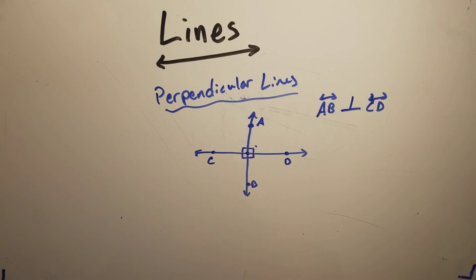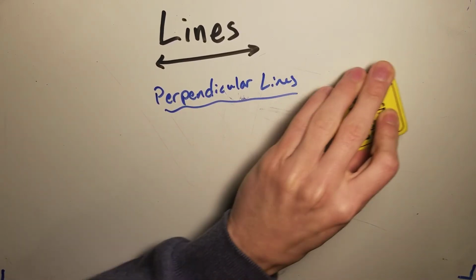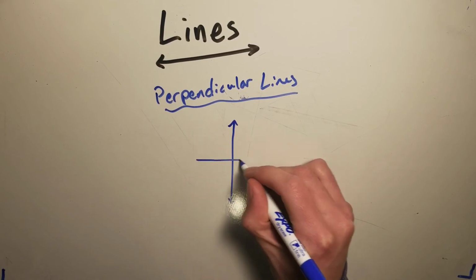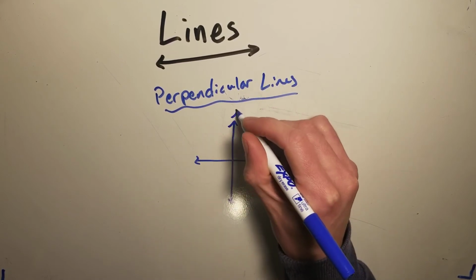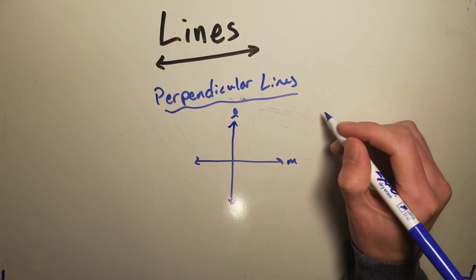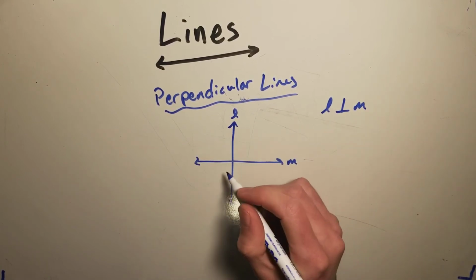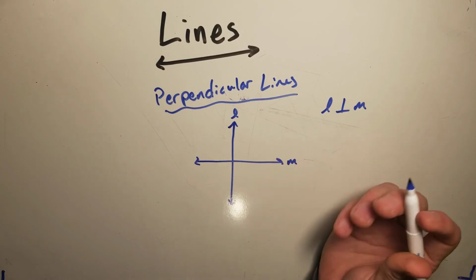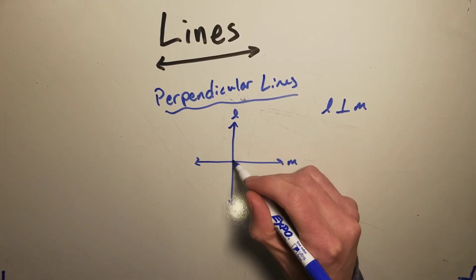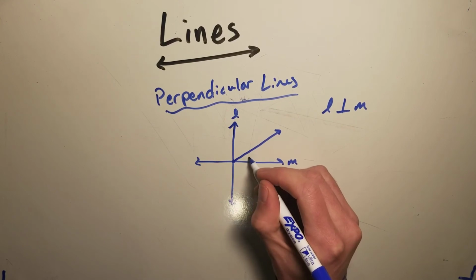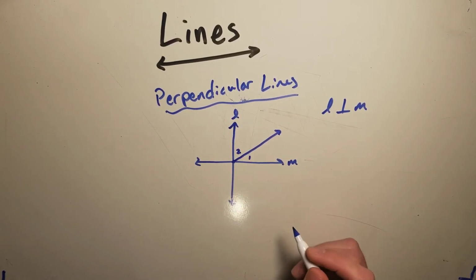Like for example, let's say we have these two lines, and I'll use lowercase letters for these, L and M. If line L is perpendicular to line M, then we know all these angles are 90 degrees, but let's say there's a little ray that comes out here, and we have angle 1 and angle 2.